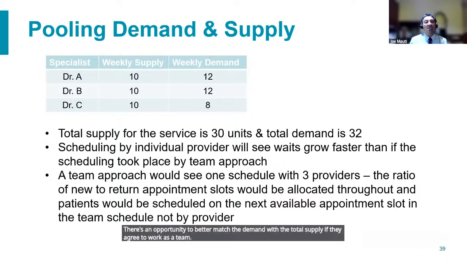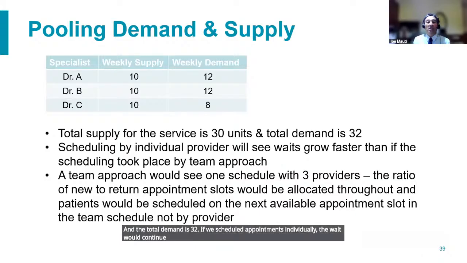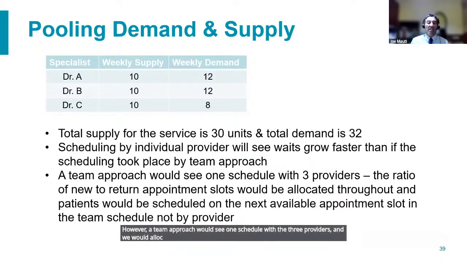So we can see that the total supply is 30 units and the total demand is 32. If we scheduled appointments individually, the wait would continue to grow each week for 2 of the 3. However, a team approach would see one schedule with the 3 providers, and we would allocate the ratio of new visits amongst the 3 physicians.